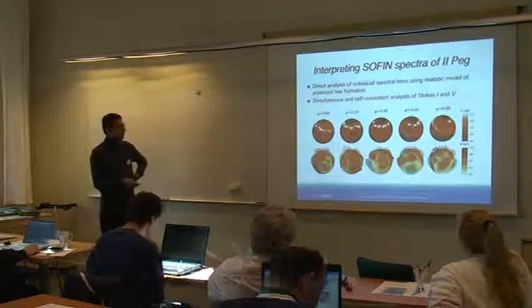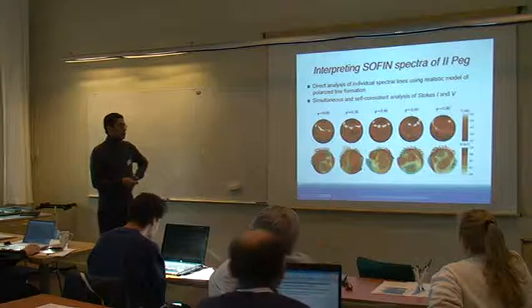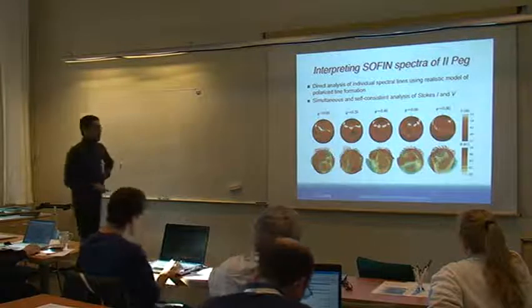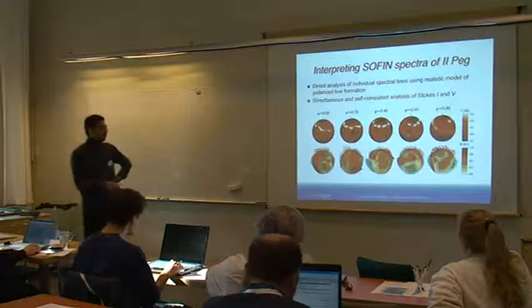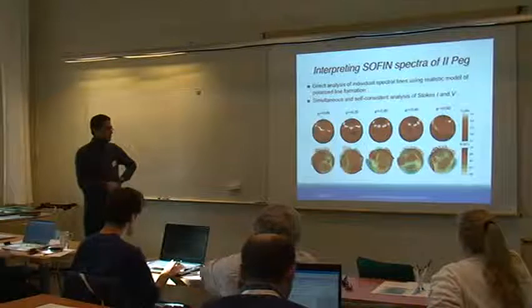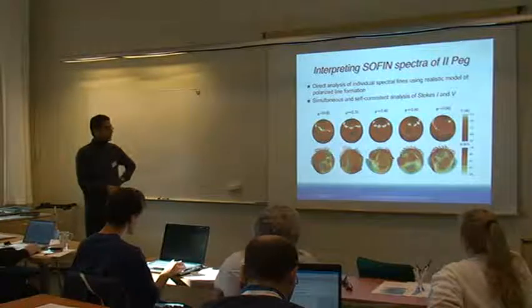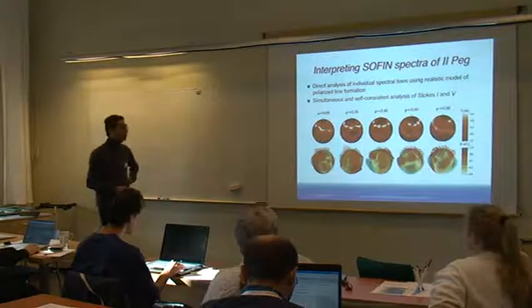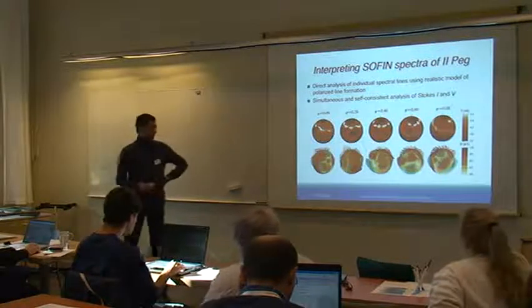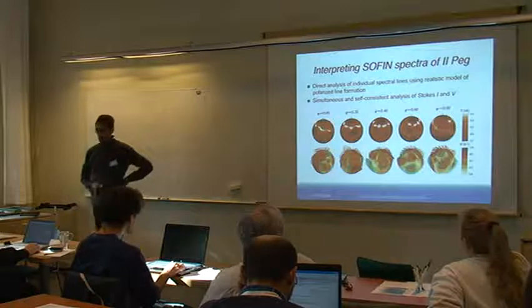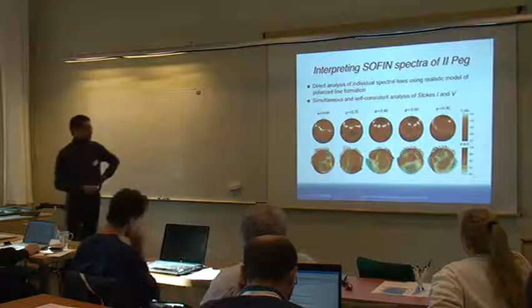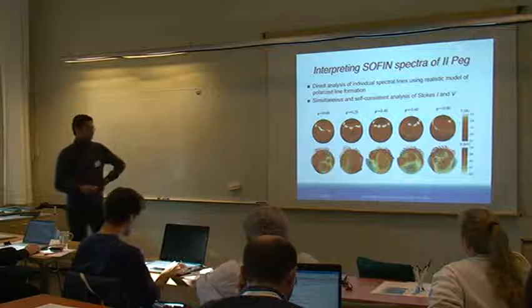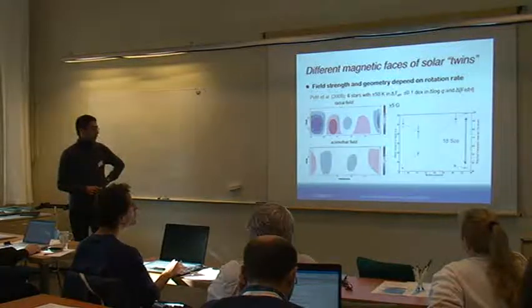In particular, this is the work we are doing with Sophie observations of IL Pegasi, and this is the map of temperature and magnetic field, these two things reconstructed self-consistently using polarized radiative transfer. And we'll see what comes out of it. Maybe results will be very different from what was done before.